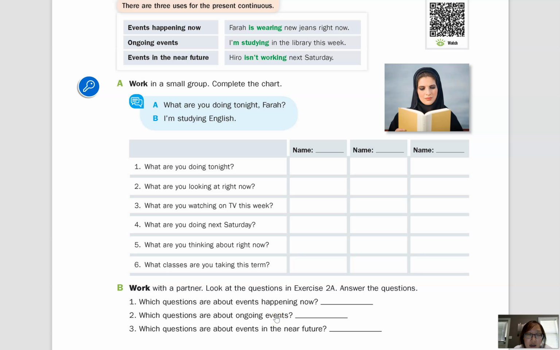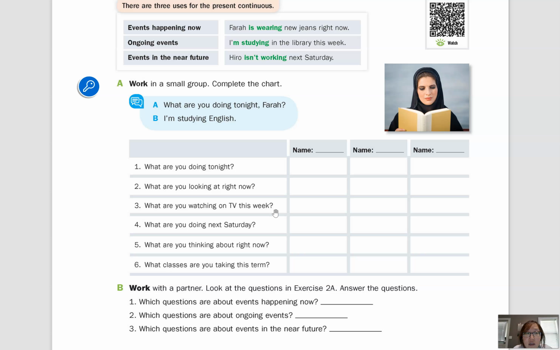And then, which questions are about ongoing events? So again, ongoing events are events that take place over a period of time, and they continue. So some of the hint words are this week, or this summer, or as you can see here, this term. So numbers 3 and 6 are questions about ongoing events. Okay, so what are you watching on TV this week?